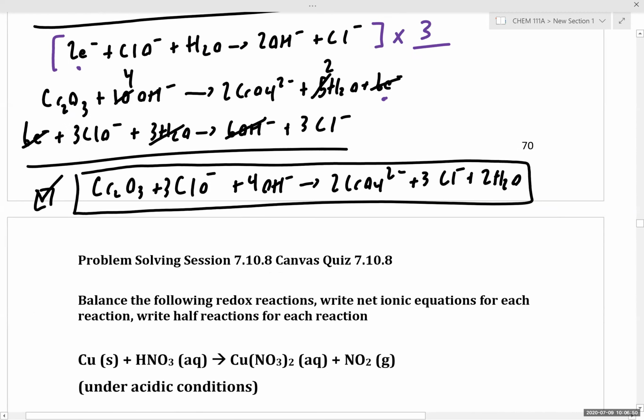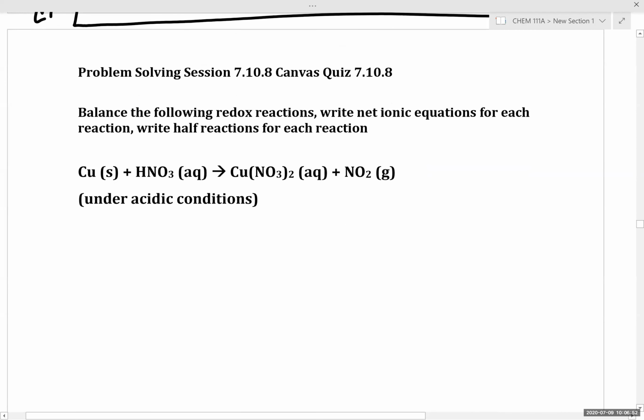If not, let's look at the following problem where we're asked to balance the following reaction under acidic conditions. So nitric acid is known as an oxidizing acid as it can participate in redox reactions.